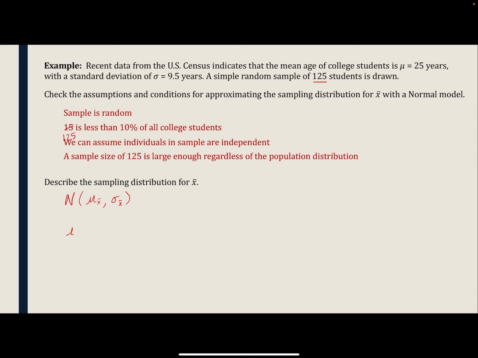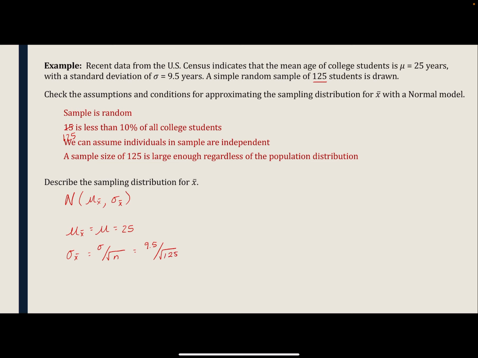The mean of the sampling distribution is the same as the population mean, and they told us that was 25. The standard deviation of the sampling distribution is the standard deviation of the population divided by the square root of the sample size. So in this case, it's 9.5 divided by the square root of 125.